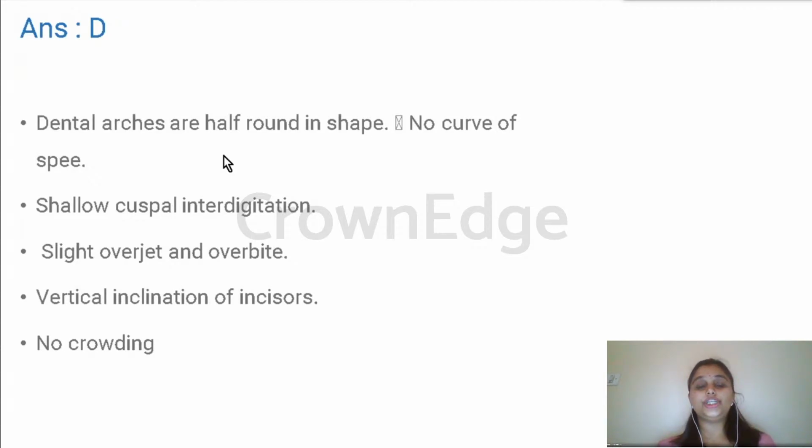In terms of occlusion, you have shallow cuspal interdigitation, slight overjet and overbite, and vertical inclination of your incisors, and there is absolutely no crowding. Like I said before, you have a spaced dentition. A non-spaced primary dentition will actually signify crowding in the permanent dentition.